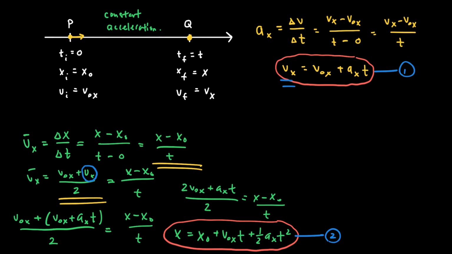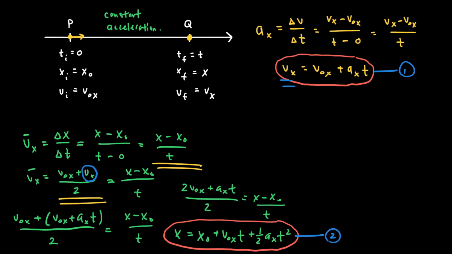If you look at these equations, you'll see that there are positions, velocities, accelerations, and time. And the third equation will be an equation that does not require you to have any information about the amount of time that it takes between 2 points. And so what we'll need to do is take these first two equations and eliminate the time variable.